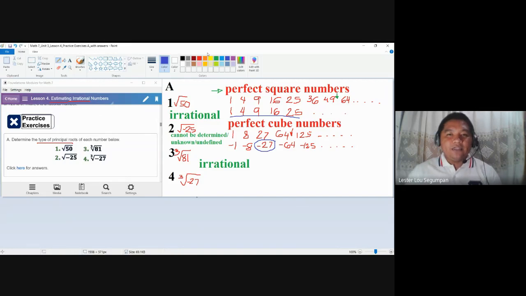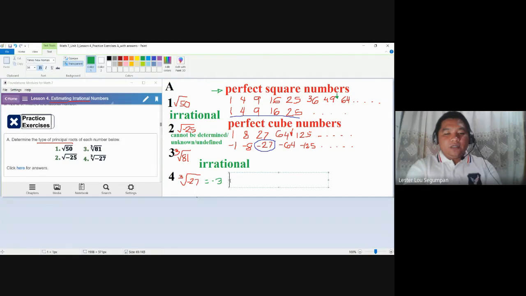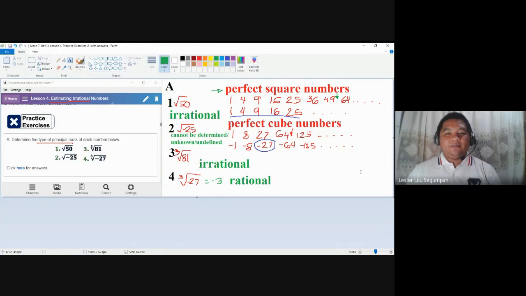So the answer for number 4, the principal cube root of negative 27, is negative 3. We all know it is an integer and is also a rational number.